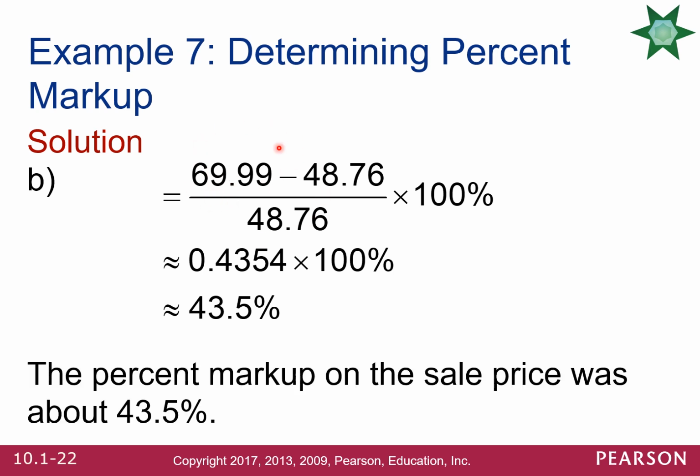So 69.99 minus 48.76, divided by 48.76, is 0.4354, and once you multiply it by 100 you get 43.5%. So the markup is 43.5%, a lower markup than when they were selling it at their regular price.